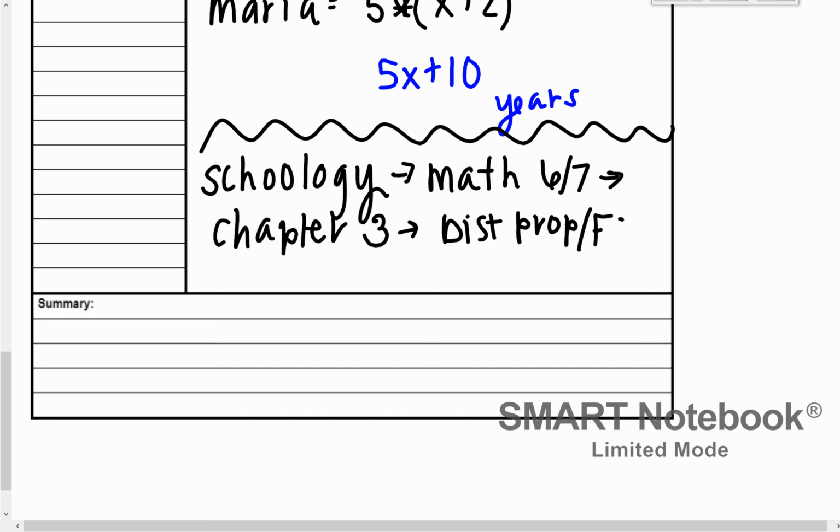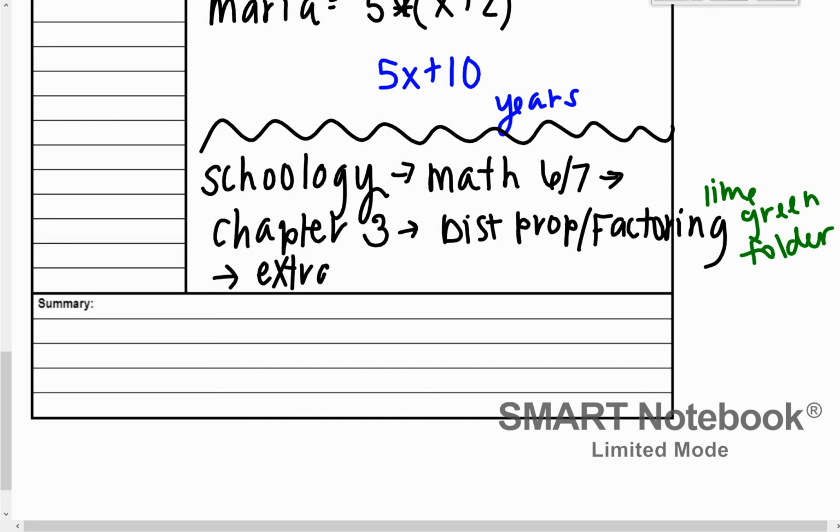I believe it is lime green. Okay, and then in there is a folder that is called Extra Practice / videos. And then there's a distributive property video in that folder.